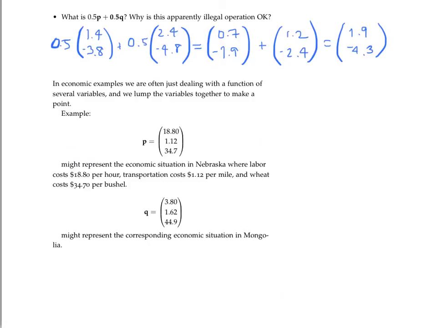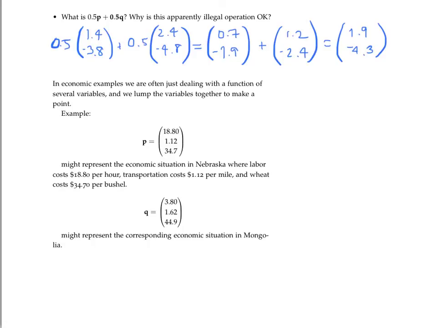Let's take a look at this point. This interesting point here, P, could represent the economic situation in Nebraska, where labor costs $18.80 an hour, and the second component is transportation costs. That's $1.12 per mile, and wheat costs $34.70 per bushel. And so each of these components match to a particular cost of some good.